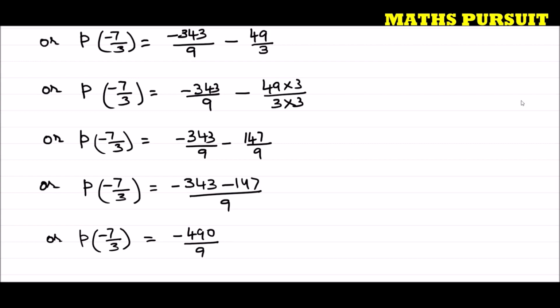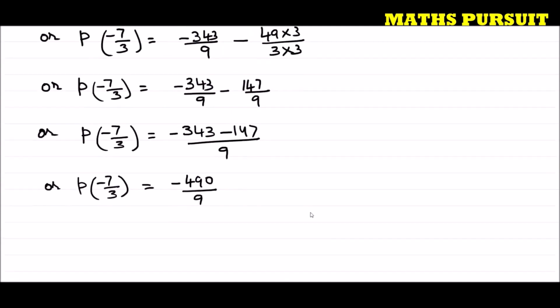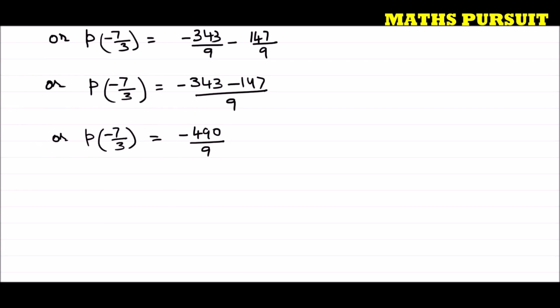So guys, what we got here? We saw that the value of P(-7/3) is not 0.